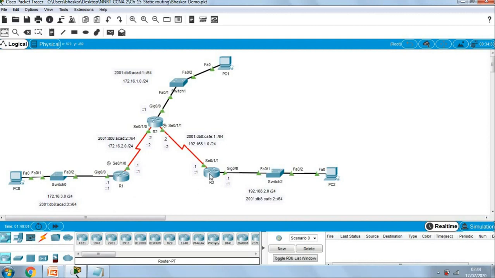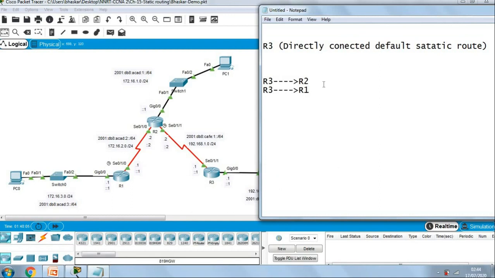If that is the case, we can write the default static route. So now I'm going to configure the default static route. How to configure this one? See here, IP route 0.0.0.0 network, 0.0.0.0 subnet mask. See here, why do I write this one?